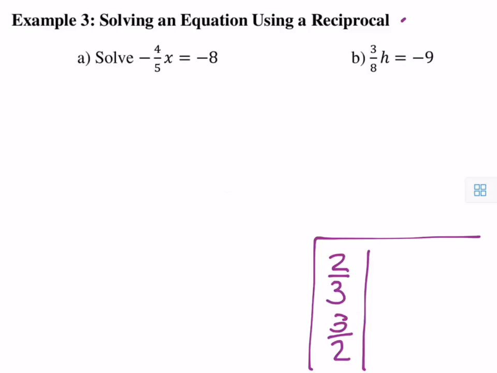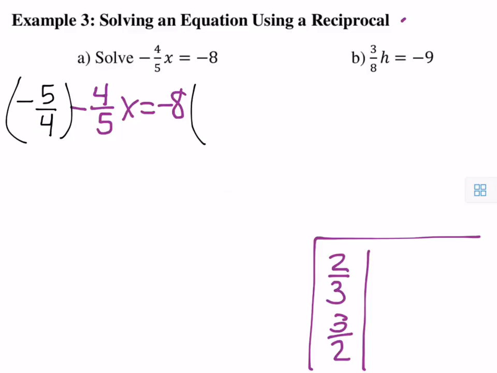So if we have negative 4/5 times x equals negative 8, we can take the reciprocal, I'm just going to write it bigger here so you can see it, and multiply by negative 5/4. So I just took my fraction and I flipped it over.